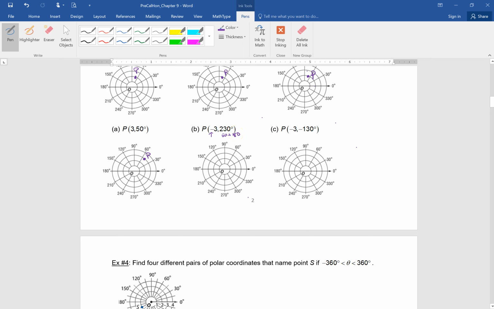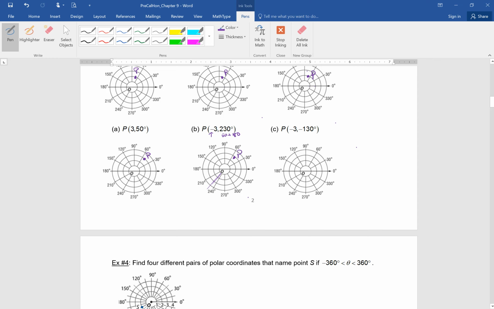So I'm going to graph 230. Where is that? Right there. 230 is right there on that line. But my r is -3. That means I have to go on the opposite ray. 1, 2, 3. Same exact point.